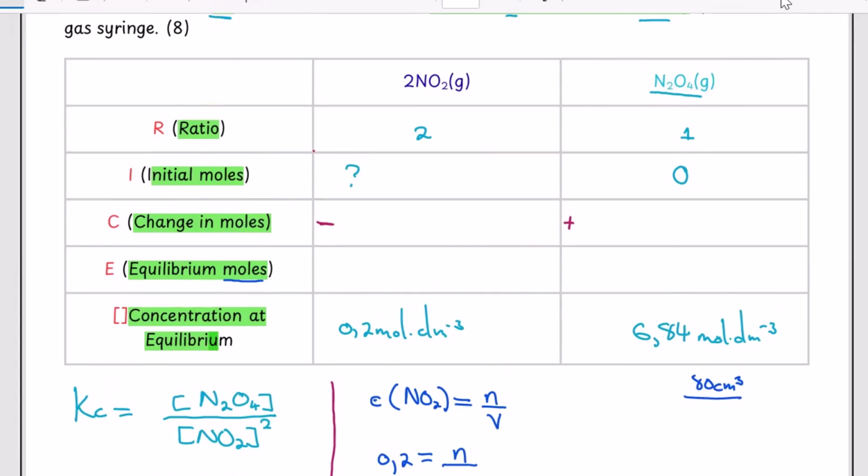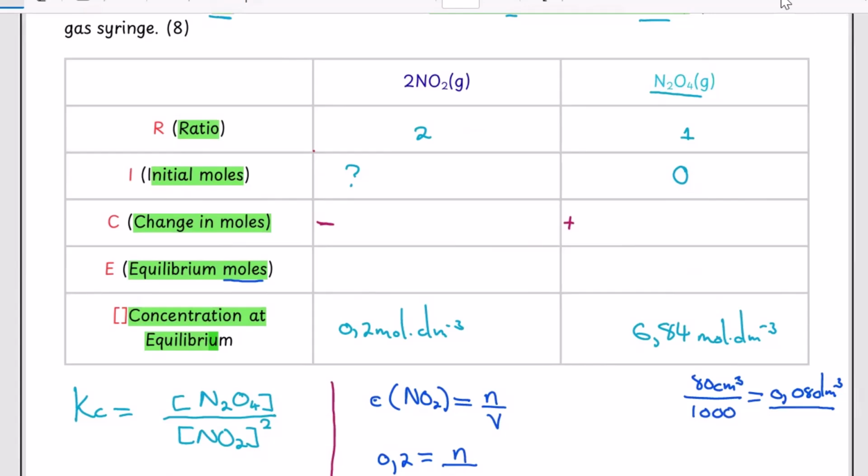Therefore, we are supposed to convert this to dm cubed. How do we do that? We divide by 1,000. If we divide 80 by 1,000, we get a value of 0.08 dm cubed. So this is our volume in dm cubed. Always take note, your volume you should use in dm cubed.